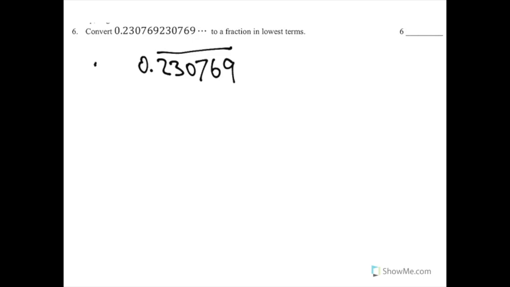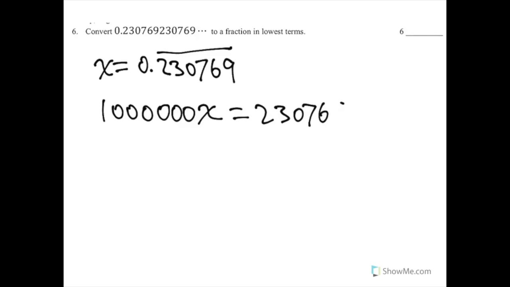If we set this number equal to x, and we multiply both sides by 1 million, and the reason I did that is because now the right-hand side is 230,769.230769, repeating. Now what can we do here?